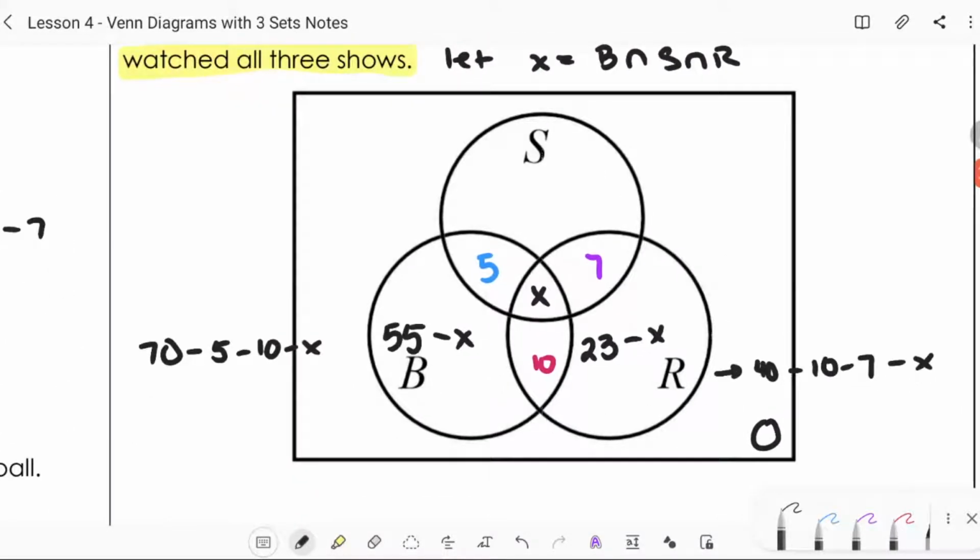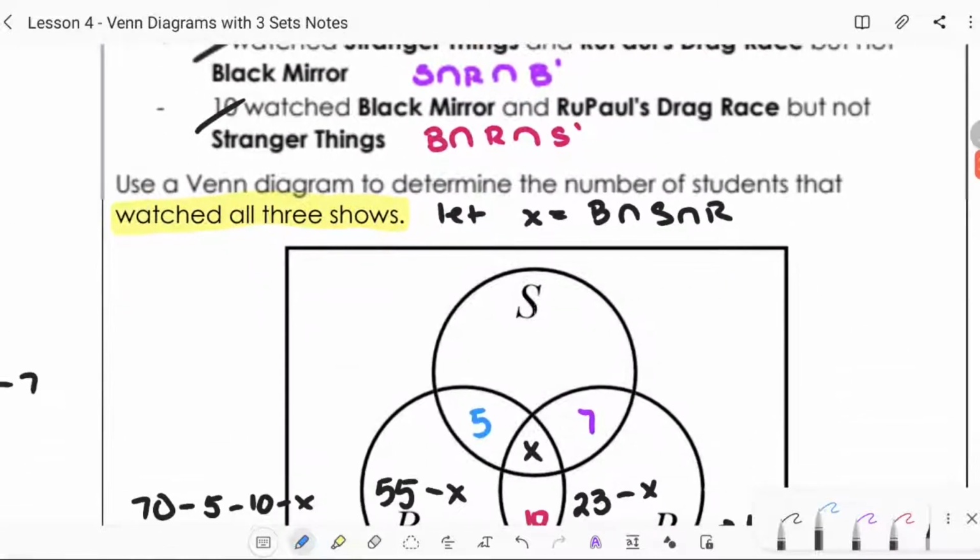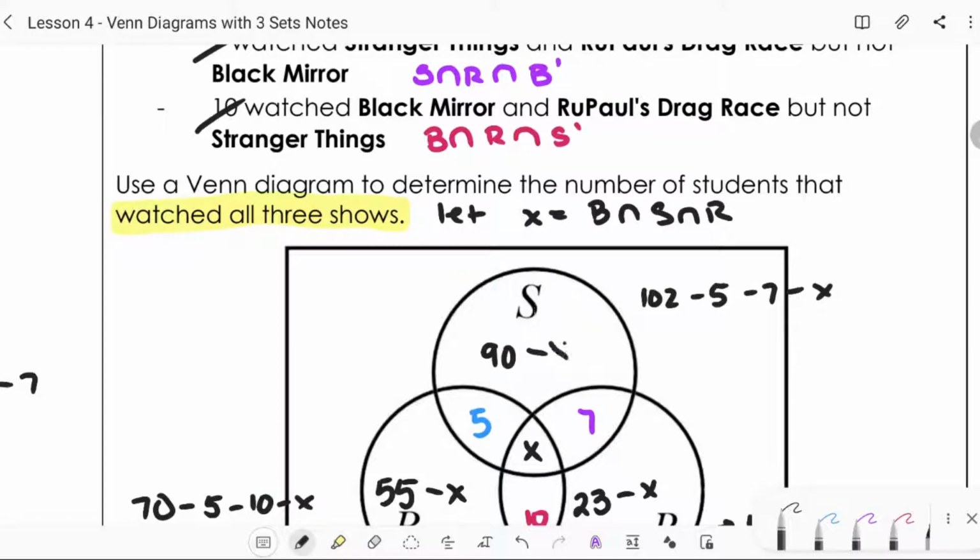Right, because again, this section here totals to 55. I just need to figure out what x is so I can then reduce that by that amount. S was 102. So 102 minus 5 minus 7 minus x. I get 90 minus x.